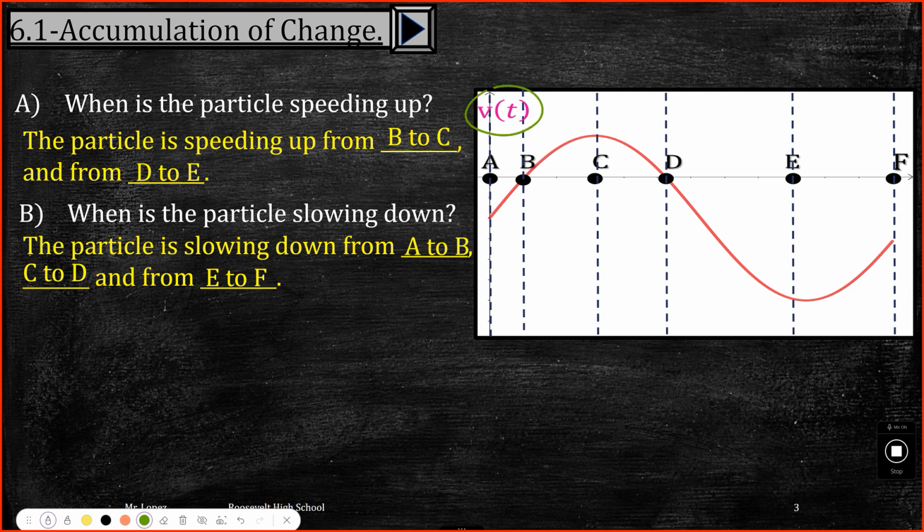Say this is a velocity function; the velocity is the derivative of some function f, where we said f is s of t, the position. Like I was talking about right here, at A I am slowing down all the way to B.